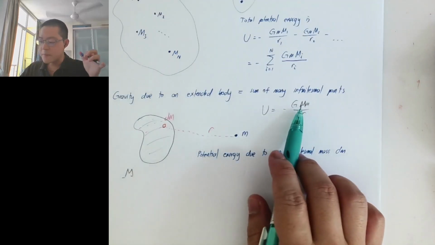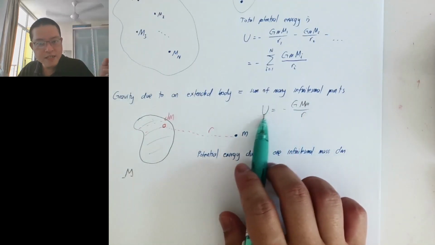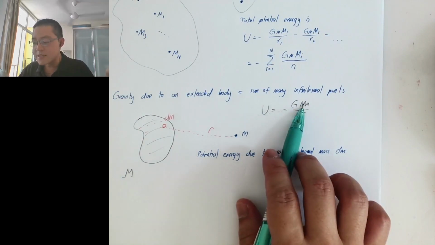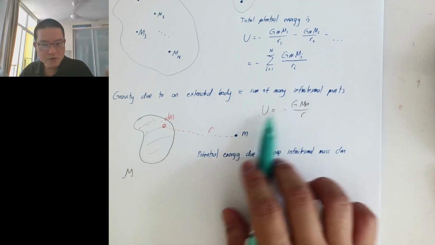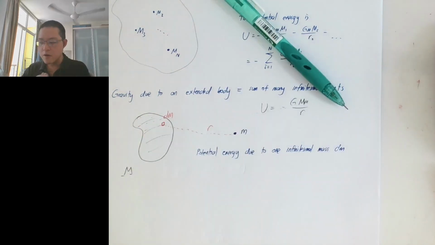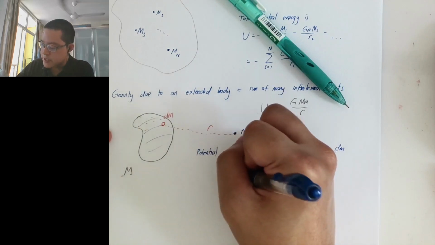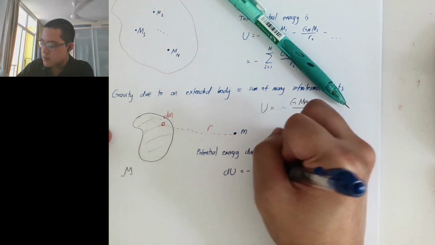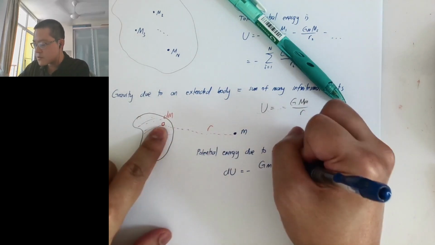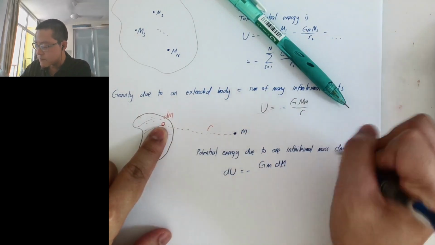If my mass is large, the potential energy has a larger magnitude, but if my mass is small, then it will be small also. So if this is an infinitesimal mass, it will give a small infinitesimal potential energy. So I have G, and the mass m is fixed here, but I want to talk about the infinitesimal mass dm.